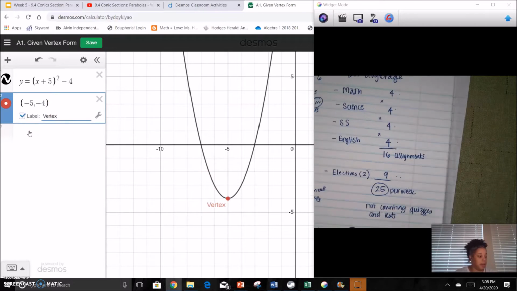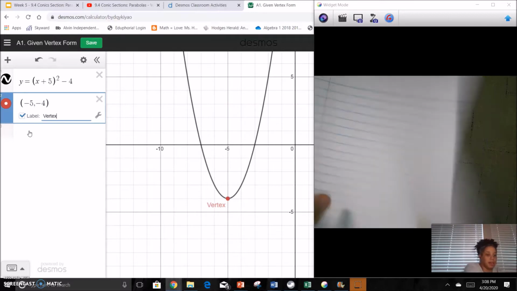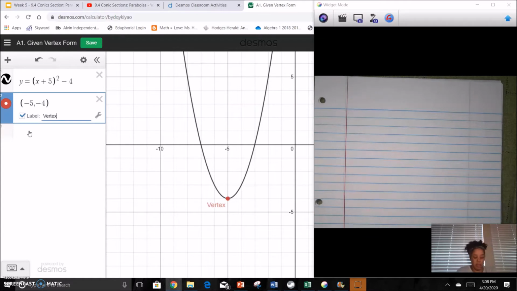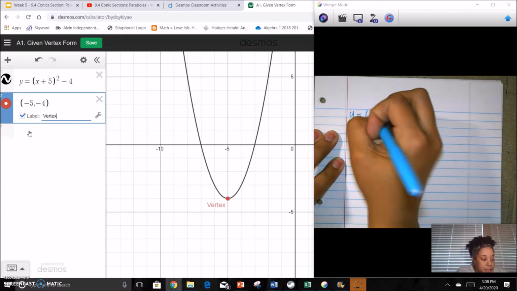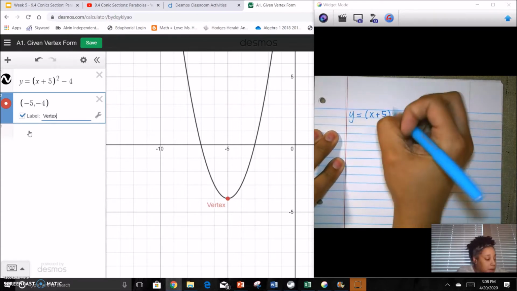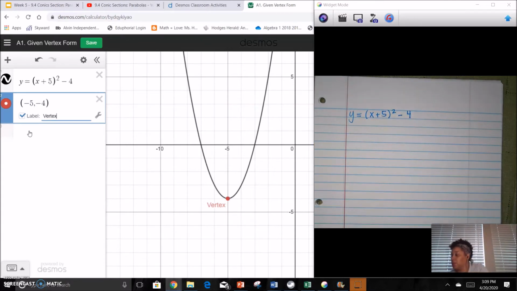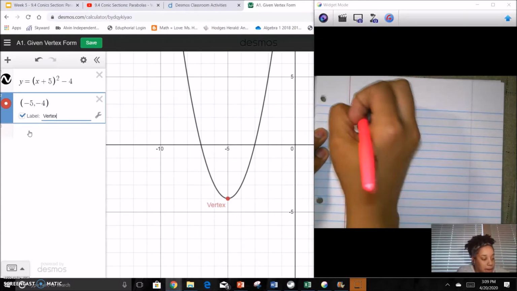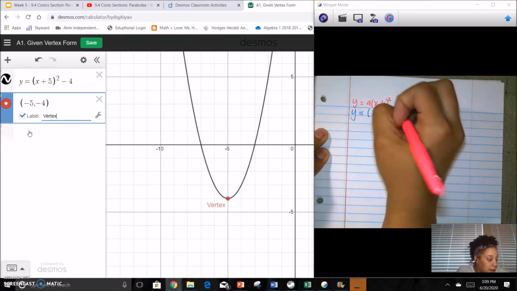Now, for those of you who are not quite sure what we're looking at, if you were paying attention in the notes, the equation is y equals (x plus 5) squared minus 4. The vertex form, if I go back to my handy dandy notes, is y equals a times (x minus h) squared plus k.